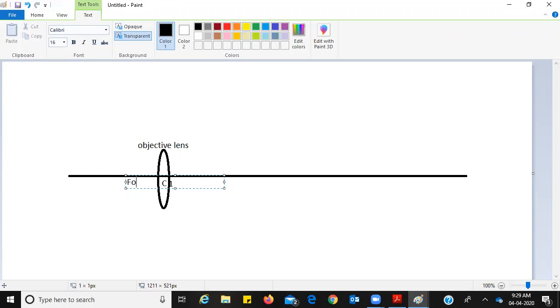I'll show you the normal one first, and if you want, I'll go for image back to object. So equal distance on left and right, I'm keeping f. Now, where should the object be placed for the first lens?